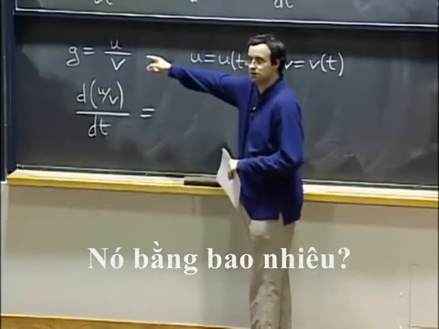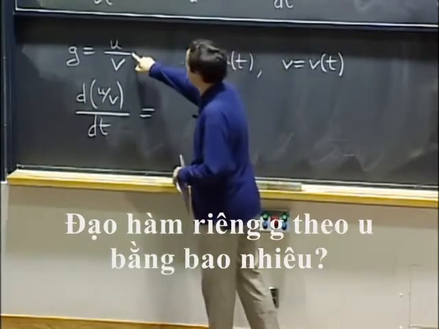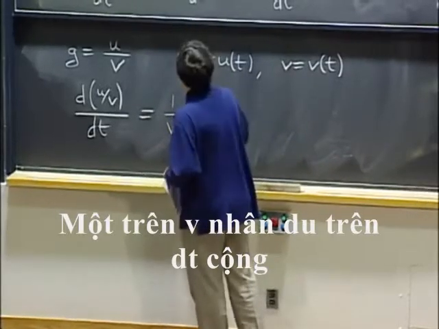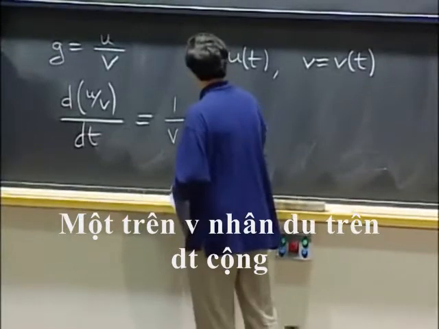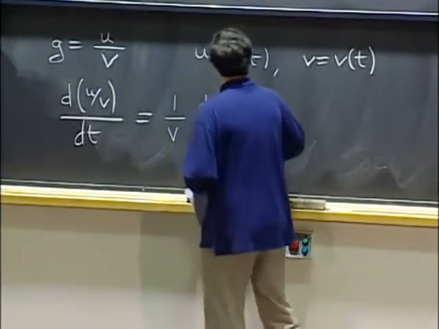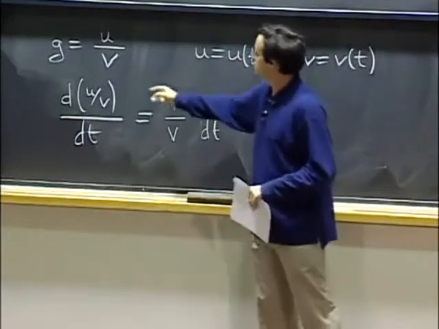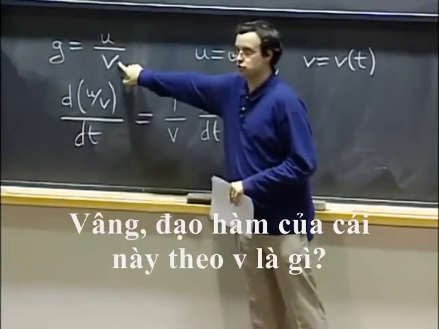How much is that? How much is partial g partial u? 1 over v times du dt plus, well, next we need to have partial g over partial v. Well, what's the derivative of this with respect to v?